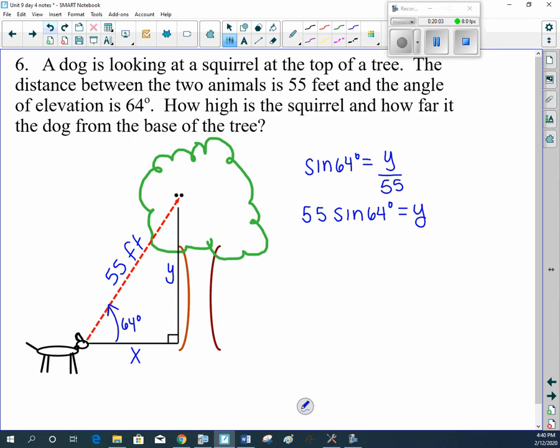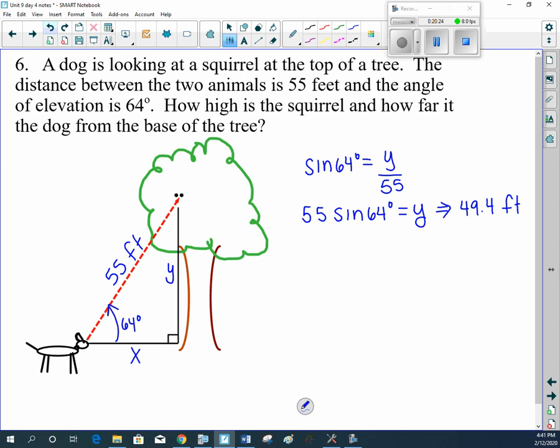So 55 times the sine of 64. So y equals 49.4 feet. Pretty tall tree.